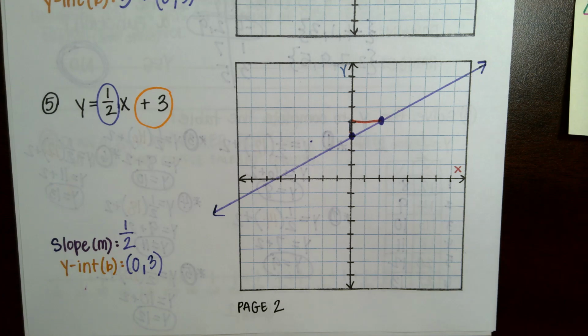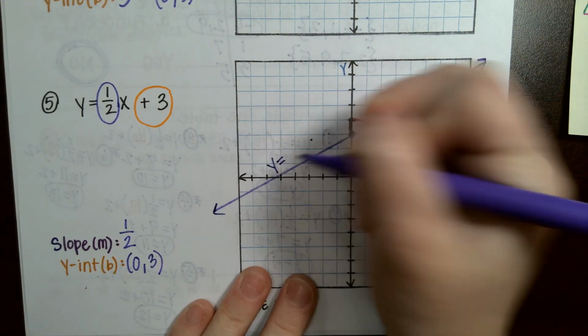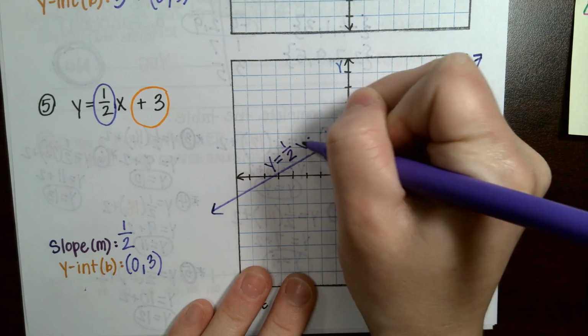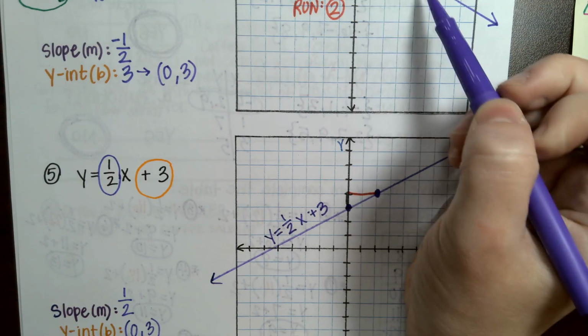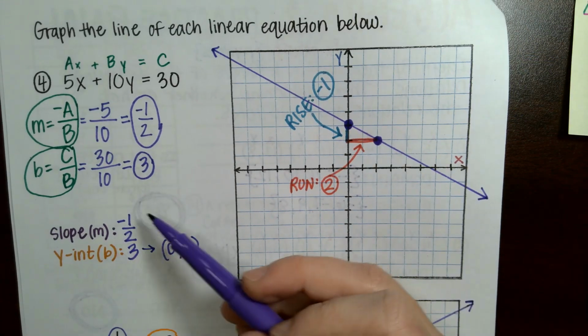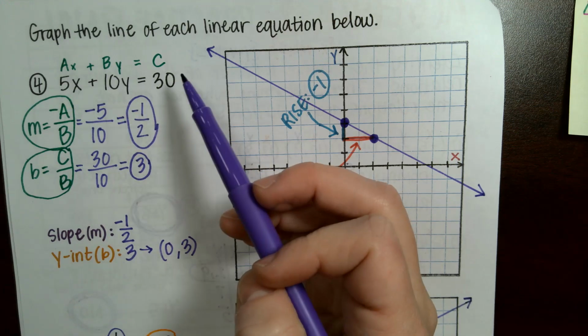I would love for you to label your lines by writing the equation on there. So to label this one, I would do y equals 1/2 x plus 3. And for this top one, you could either write the new slope-intercept form using the new slope and the y-intercept, or you could write 5x plus 10y equals 30.